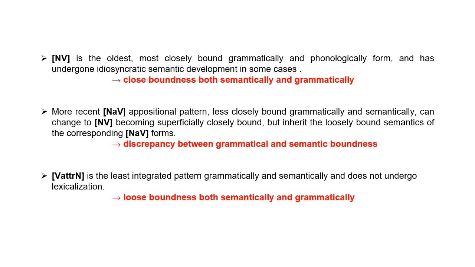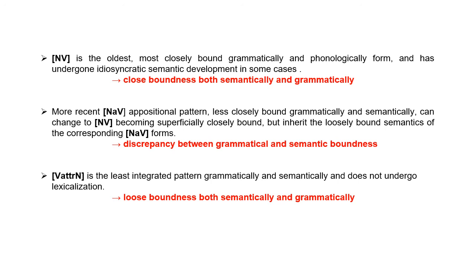We see then that the noun followed by a plain verb is the oldest form. It is the most closely bound, both semantically and grammatically. It behaves like a compound noun, basically.